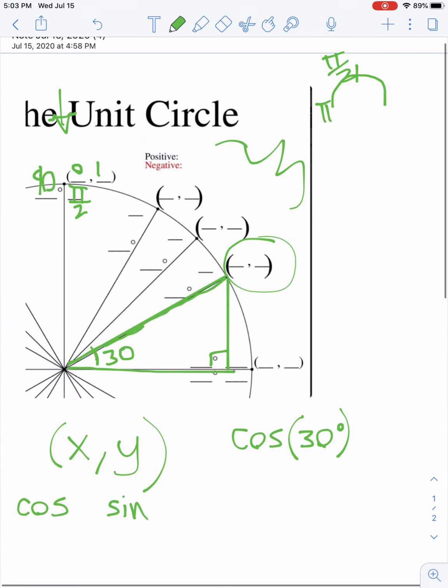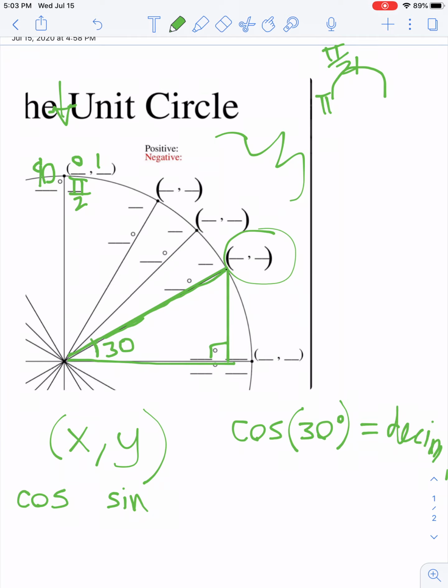The calculator would spit out a really long decimal, and we don't really want to work with decimals, especially this decimal, which goes on forever.